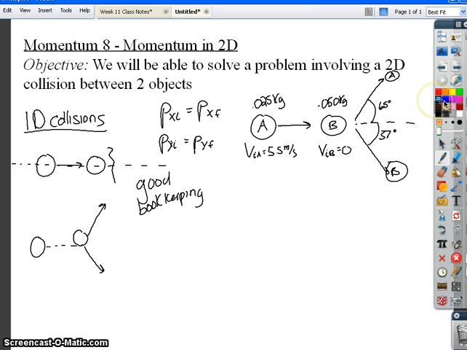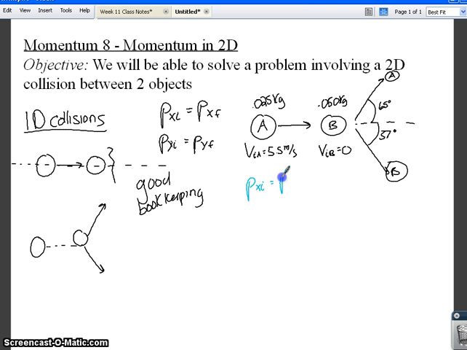The momentum in the x direction before the collision is going to equal the momentum in the x direction afterward. In the x direction, A was moving completely in the x. So we have the mass of A times the velocity of A initially in the x direction equals the mass of A times the velocity of A finally, multiplied by the cosine of 65.